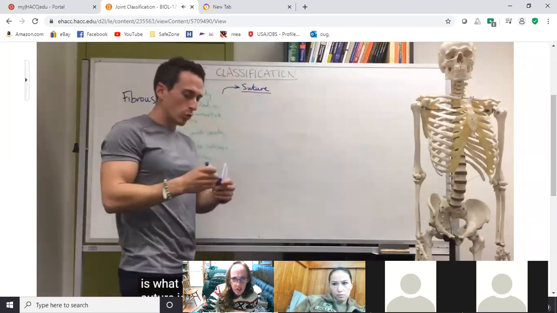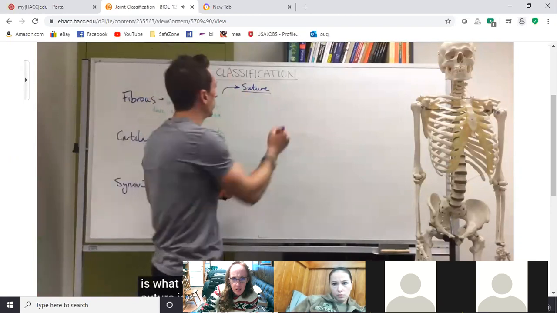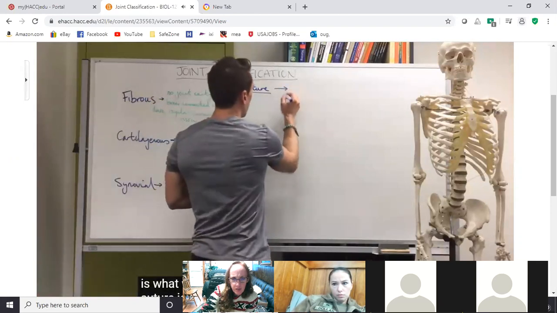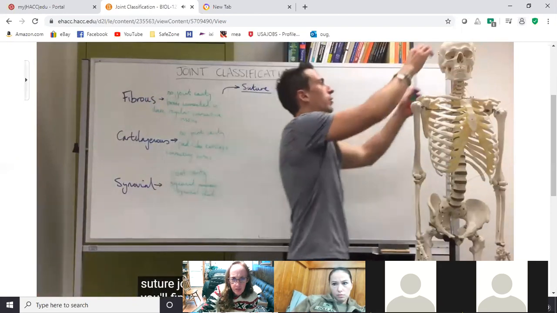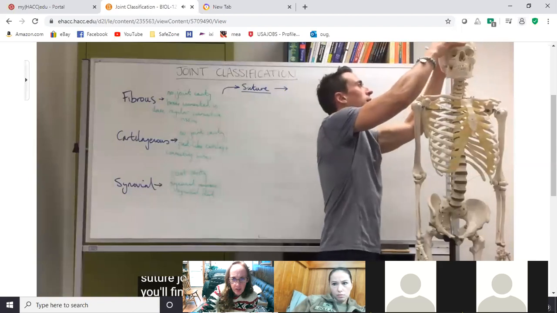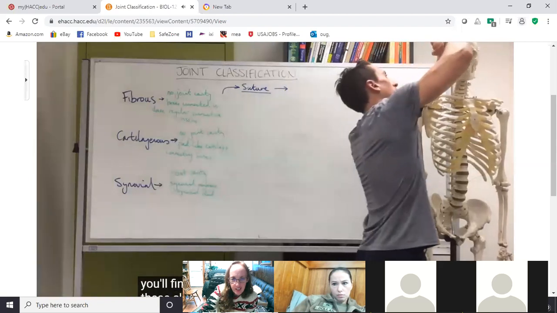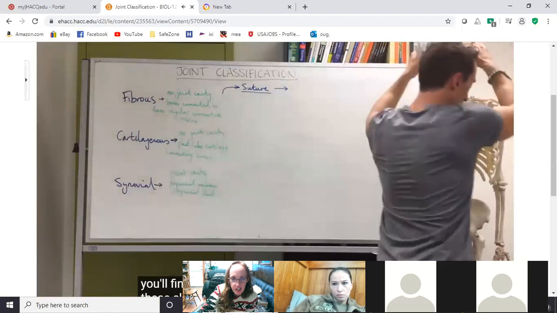Now a suture joint, as an example, is what you'll find with Frank here. If I were to take his skull off, if possible.